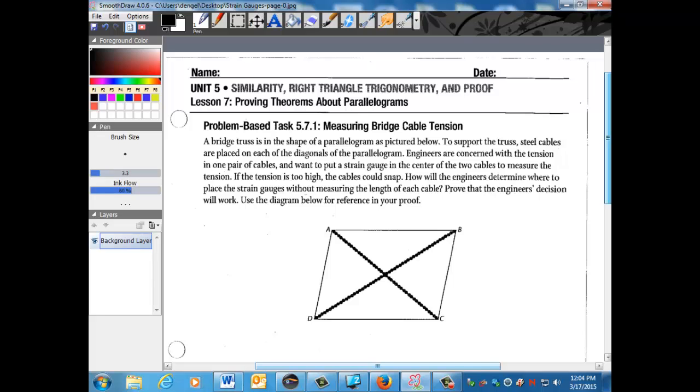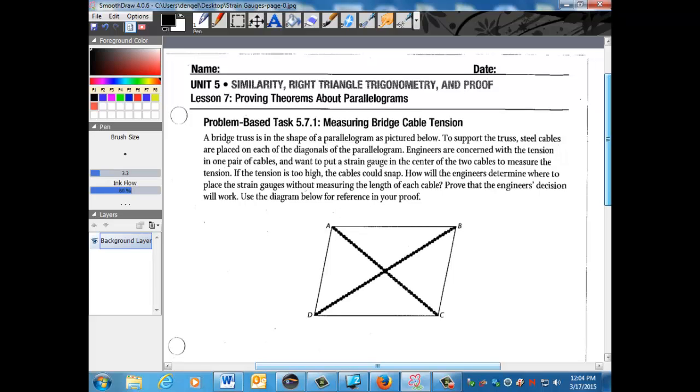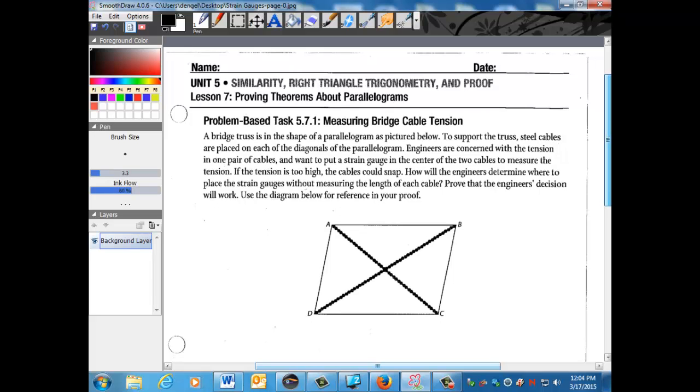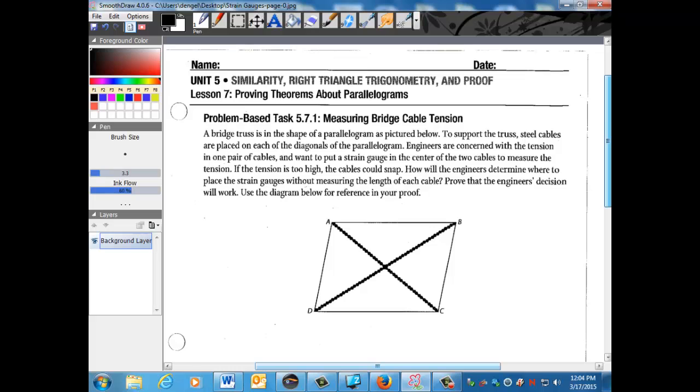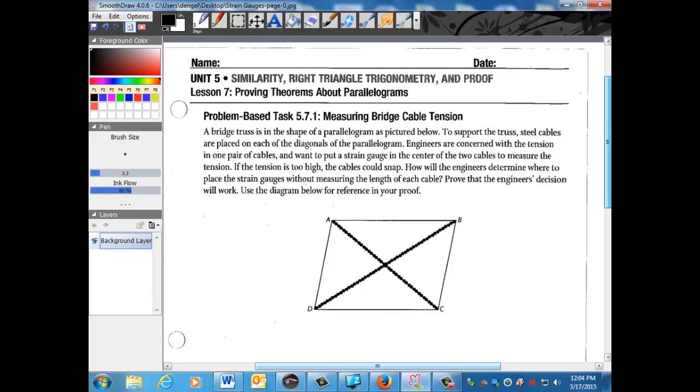As you know, for these past week and a half, we've just been dealing with rules and properties of a parallelogram. And this book has now tried to create a real world problem from a parallelogram, which I think is cool. I think more math books need to do that, just on a side note.